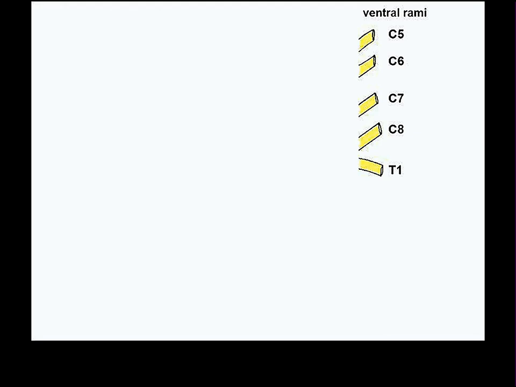That little outpocketing, which I call the limb bud, is opposite C5 through T1 body segments. All right? And therefore, it's the ventral rami of C5 through T1 which are going to innervate the muscles of the upper limb. So I've drawn here the ventral rami of C5 through T1.